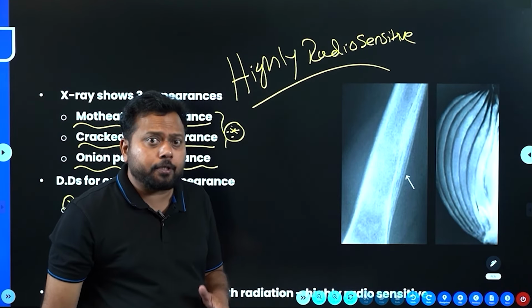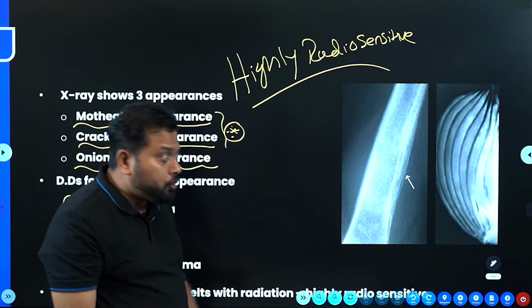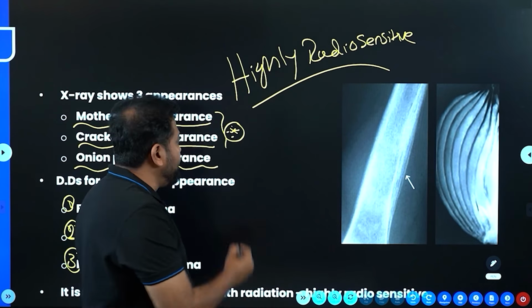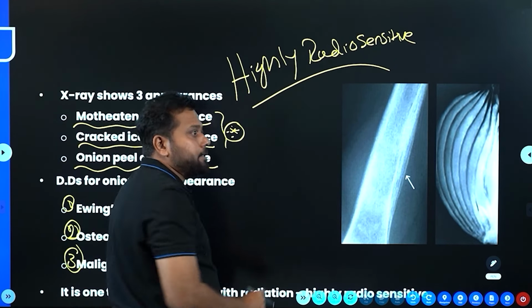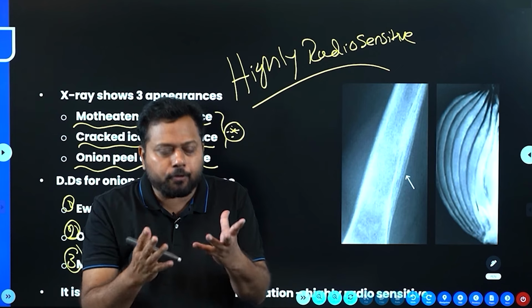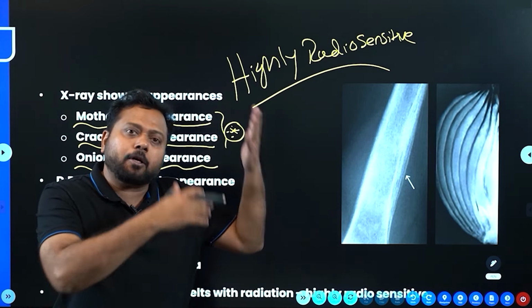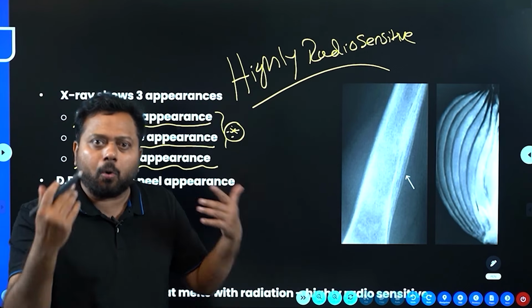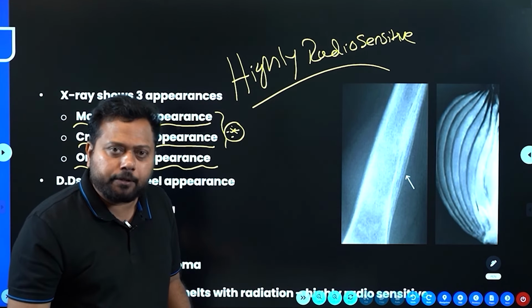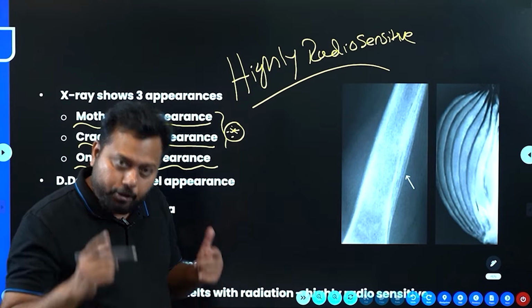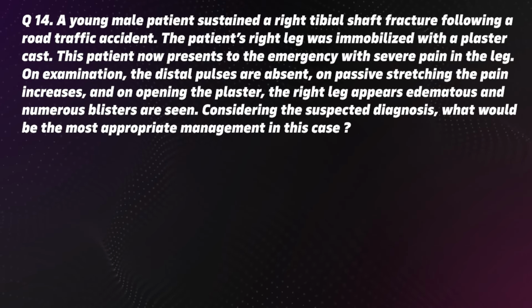So some books use a phrase, it melts like snow. When the sun comes, what happens to the snow? It melts and goes. Like that, when you give radiation, Ewing's sarcoma will go away, melts like snow. That's what many books say, that it melts like snow. That's true.